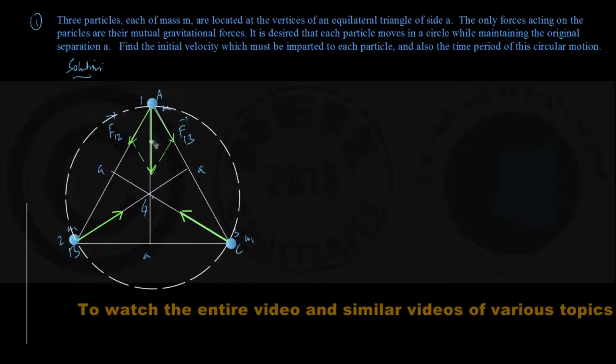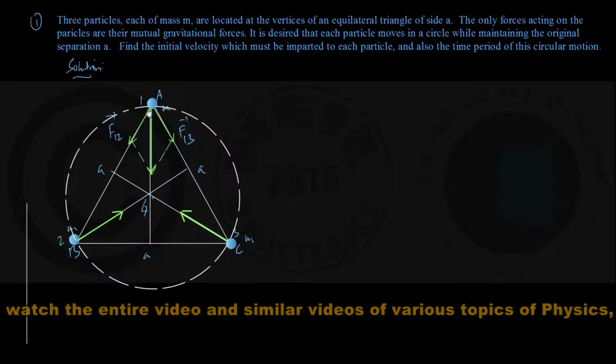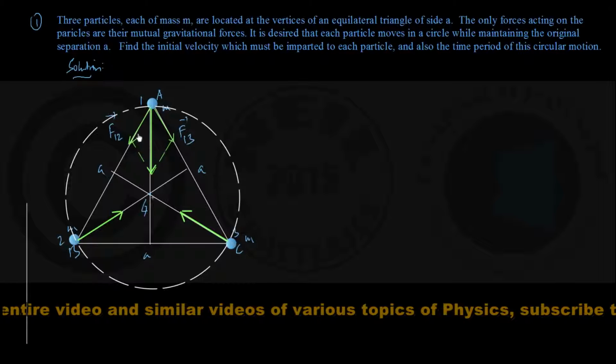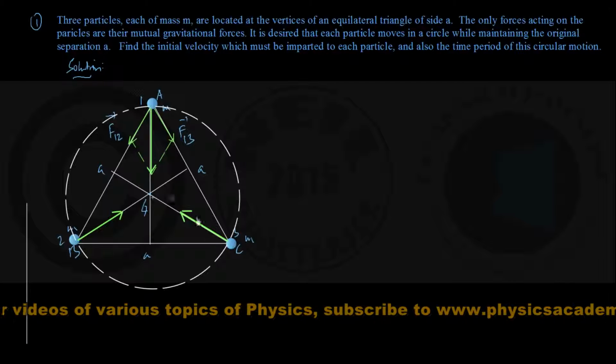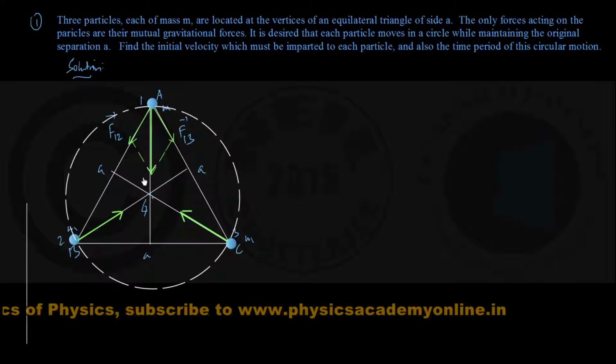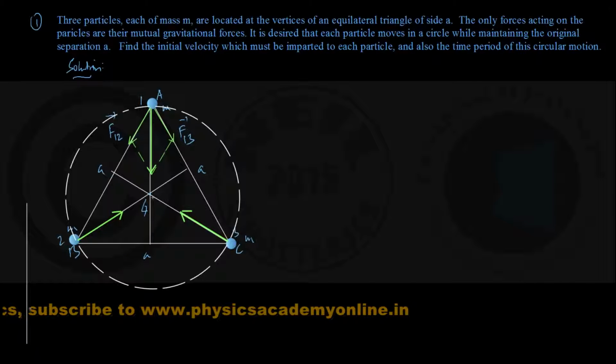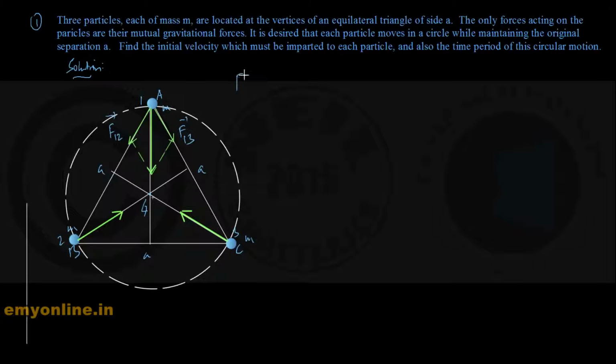As my first step, let us concentrate on this particle 1. I have already said whatever I show for one particle is valid for the other two particles also, because these three particles are completely equivalent in my given situation. We see that these forces F12 and F13 have the same magnitude.